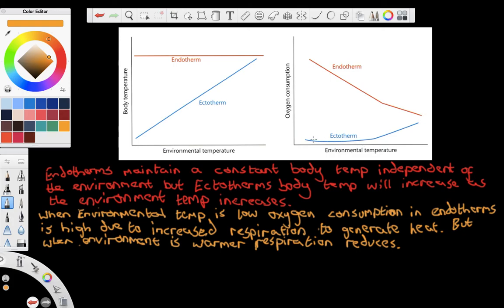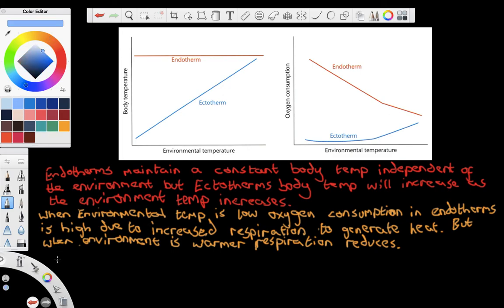Ectotherms, on the other hand, is linked to activity. So when it's cold, ectotherms don't do much activity. Okay? So they don't need to do much respiration. However, as it goes warmer, their bodies start to carry out more activity and therefore need more respiration to carry out this activity.